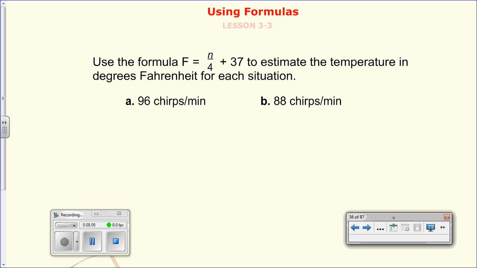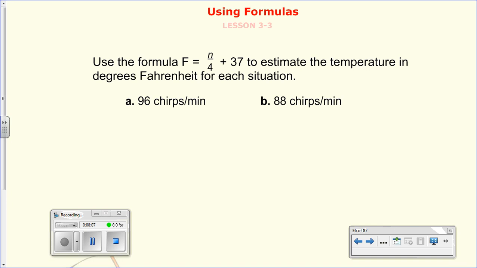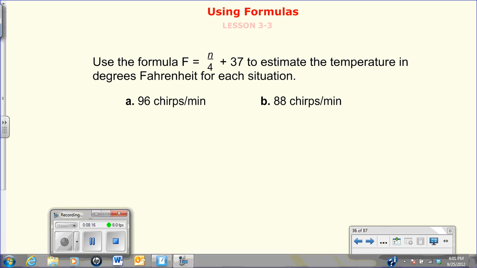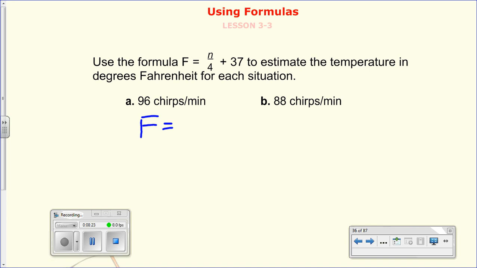All right, so again, you're going to use that same formula the same way. They're telling you how many chirps, and go ahead and fill it in to estimate the temperature. So go ahead and do that now, and come back and check your answers after. All right, so on this one, we're going to substitute in the value they give us. So here, again, we have F equals the number of chirps divided by 4 plus 37. So they tell me the cricket is chirping 96 times in a minute, and we have to solve it.